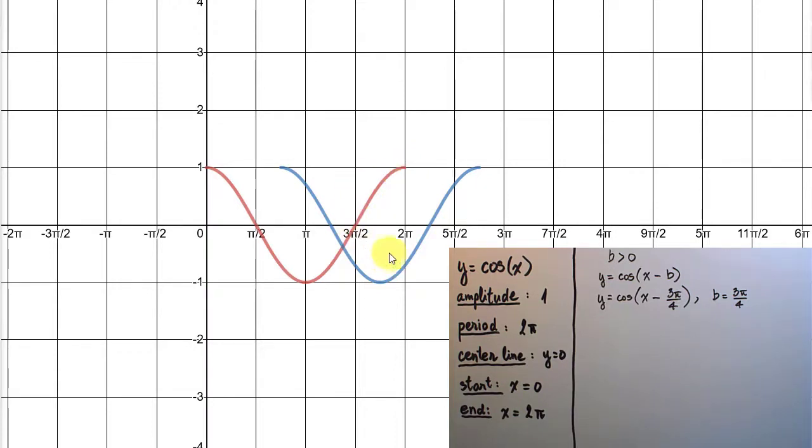And as well as the amplitude or wave height, this blue graph has a wave height just about the same as the wave height of our red graph.